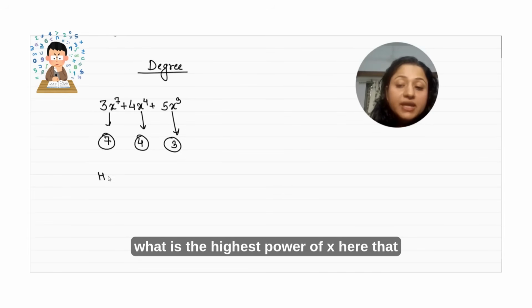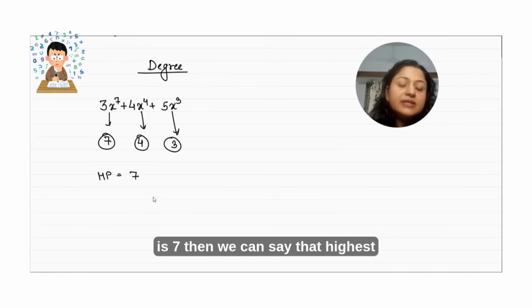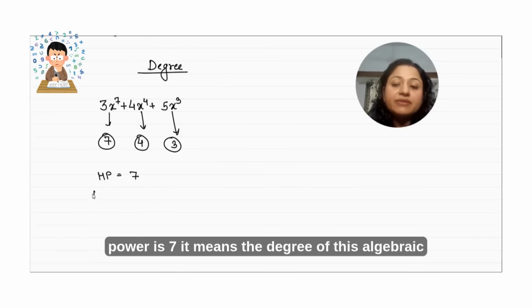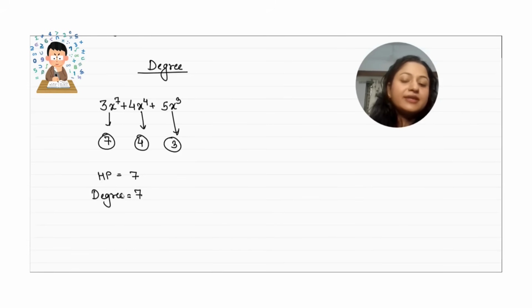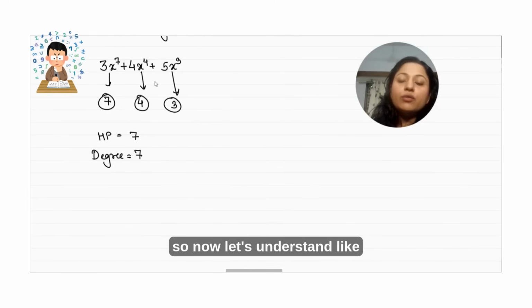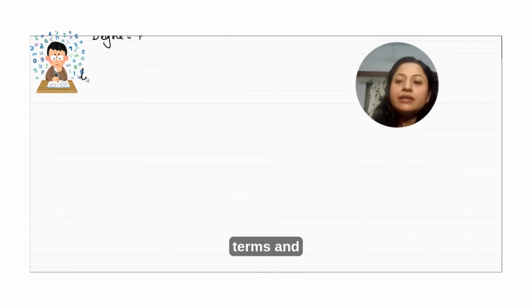Now, what is the highest power of x here? That is 7. Then we can say that the highest power is 7. It means the degree of this algebraic expression will also be 7. Got it? Yes. Okay.